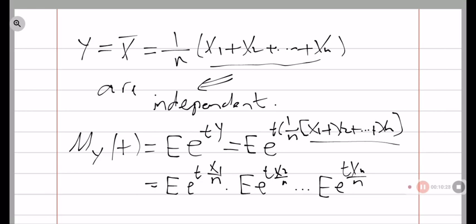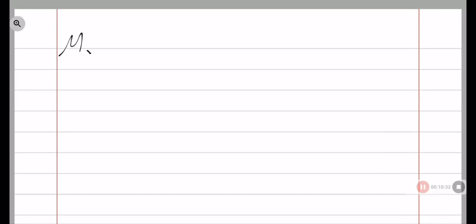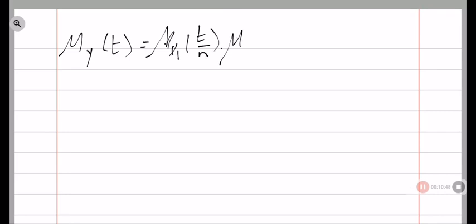Then M_y of t will be M_x1 of t divided by n, times M_x2 of t divided by n, then up to M_xn of t divided by n.